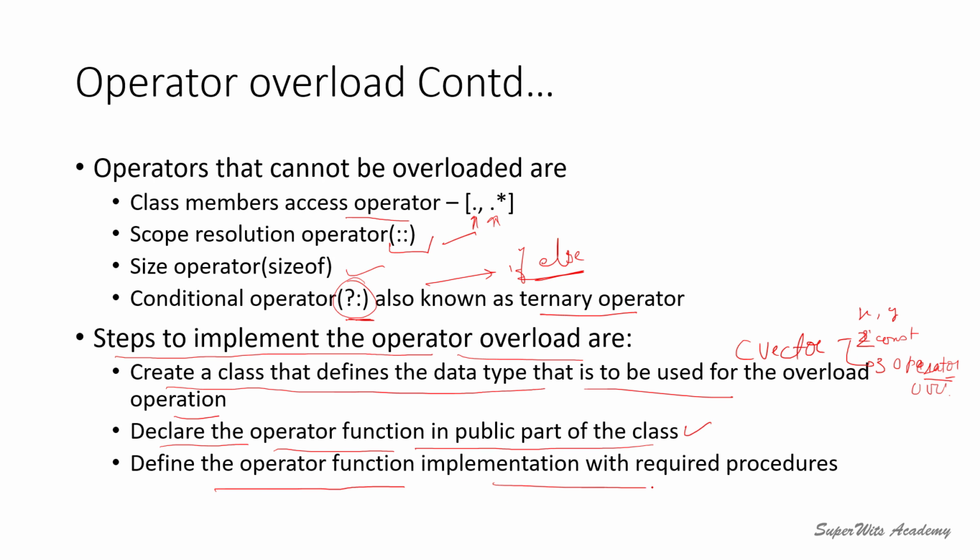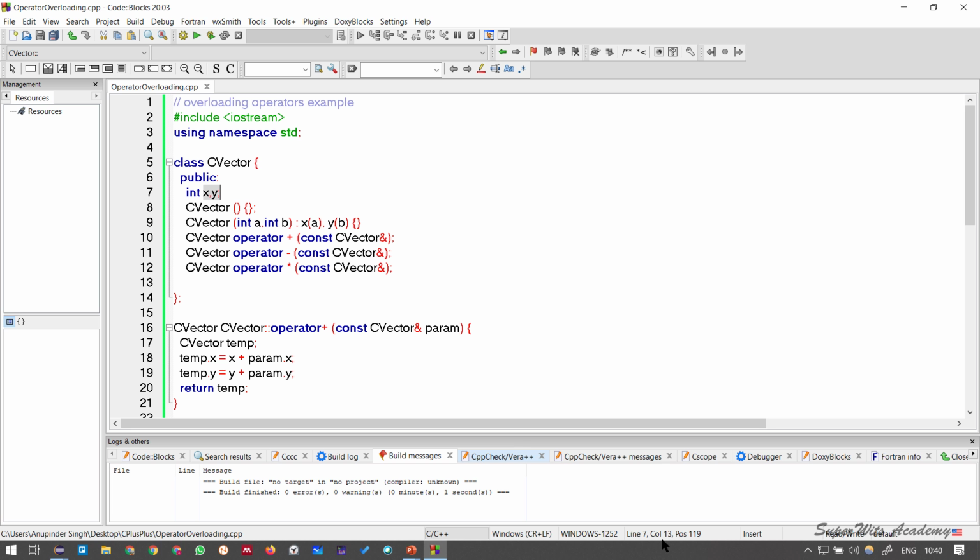Define the operator function implementation with the required procedures. This is what was done, where we have x plus param.x and y plus param.y, and they were equated to the reference object of that particular variable. If I look at this code, this is what we have, the temp.